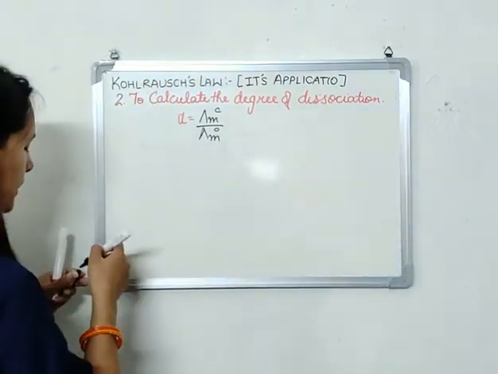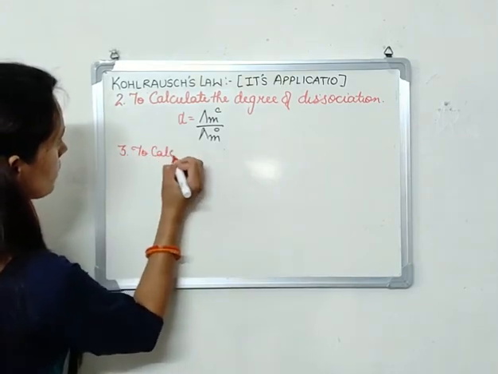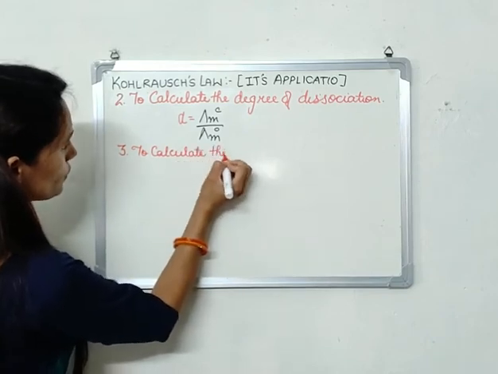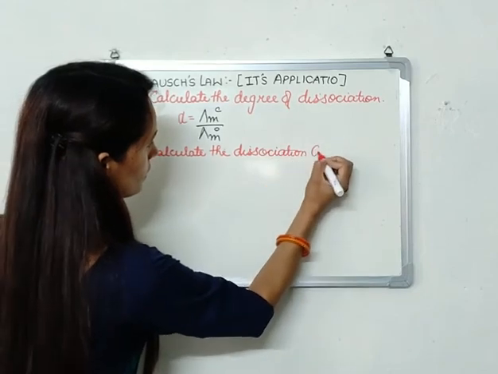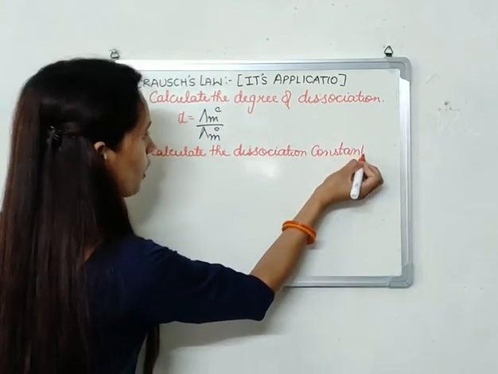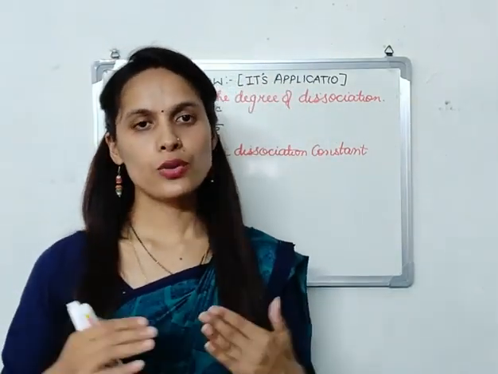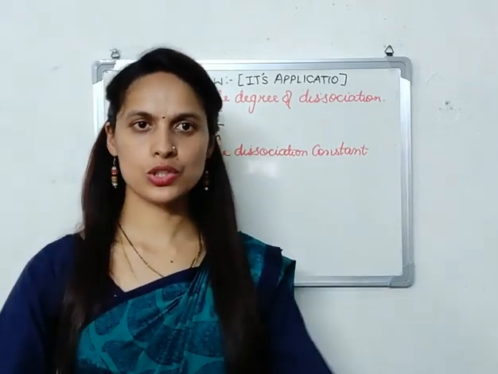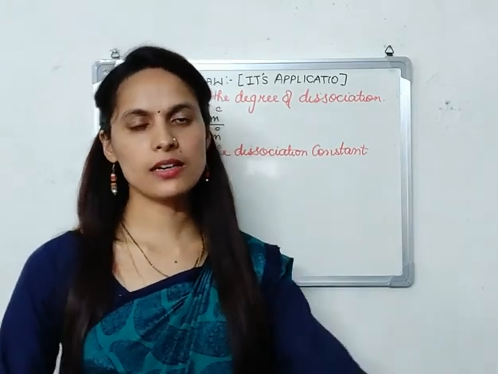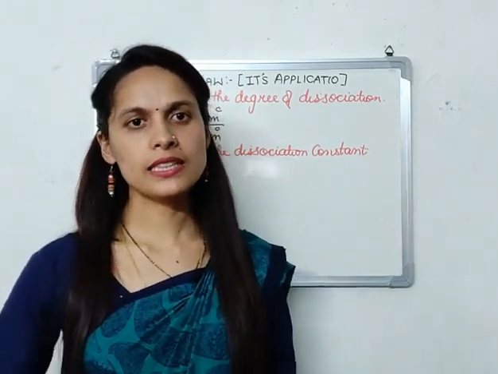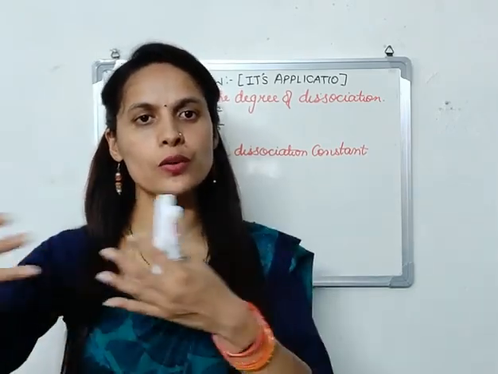Now our third application of Kohlrausch's law is to calculate the dissociation constant. Because weak electrolytes are partially dissociated, when they dissociate up to their limit, they start to make undissociated molecules from the dissociated ones.